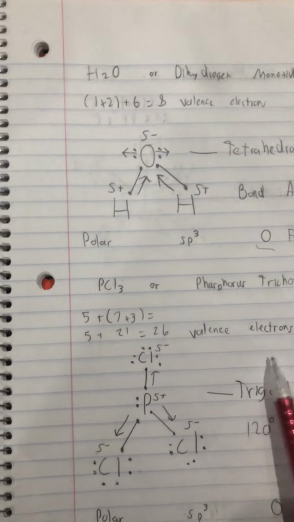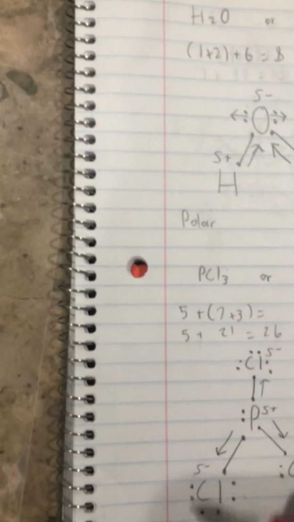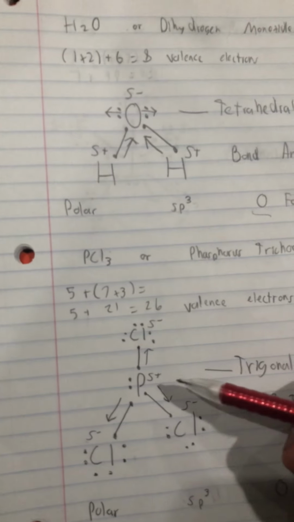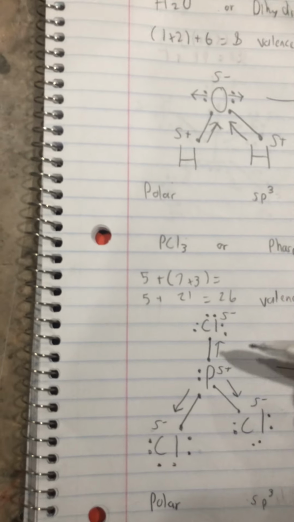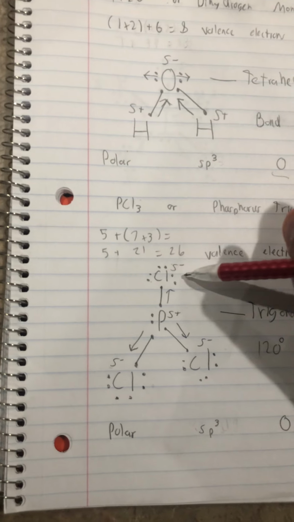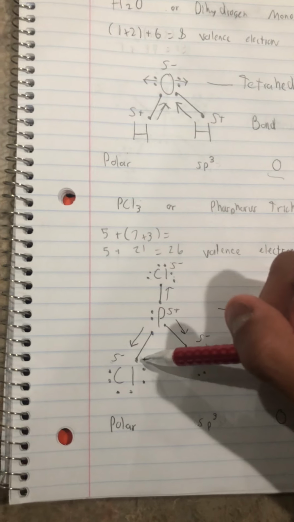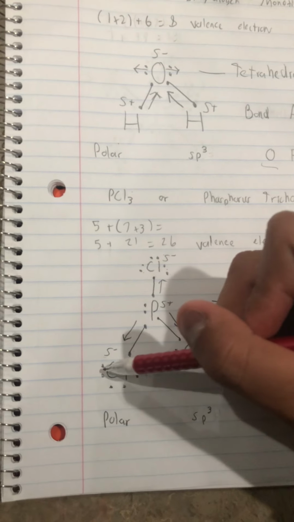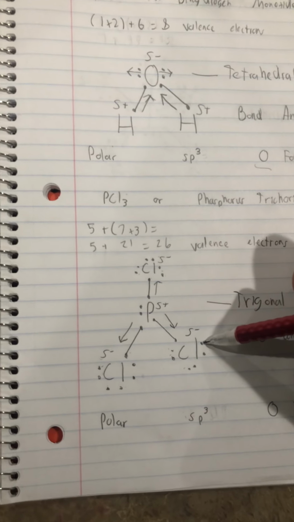So 26 valence electrons. Now as for the Lewis dot structure, I put P, or phosphorus, in the middle with chlorine on the side, with single bonds and the 26 valence electrons. So let's count. 1, 2, 3, 4, 5, 6, 7, 8, 9, 10, 11, 12, 13, 14, 15, 16, 17, 18, 19, 20, 21, 22, 23, 24.